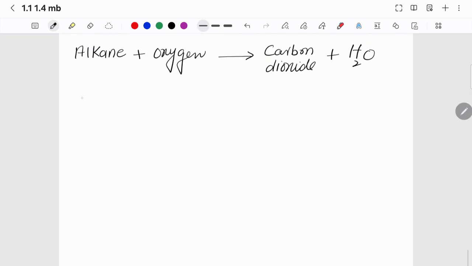So let's write the equation for any of the alkane. For example, methane, it will burn in the presence of oxygen, and it will produce carbon dioxide and water. In order to balance it, I have to put 2 over here, and in order to balance hydrogen, I have to put 2 over here. Now the whole equation is balanced.